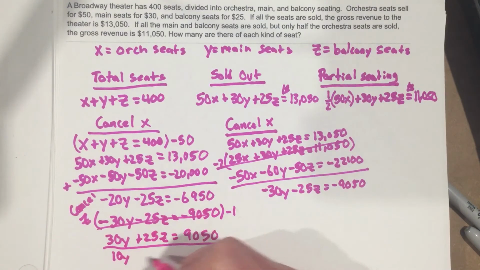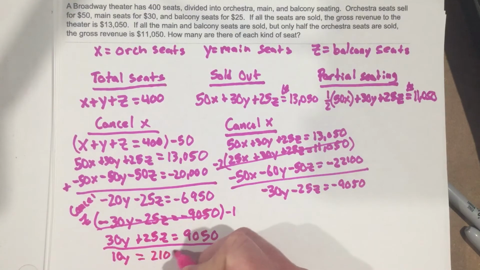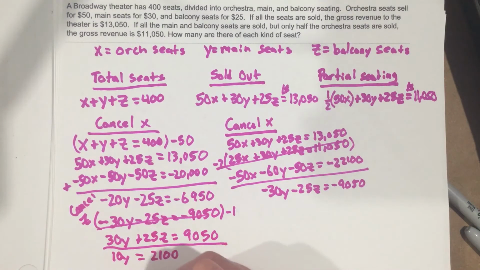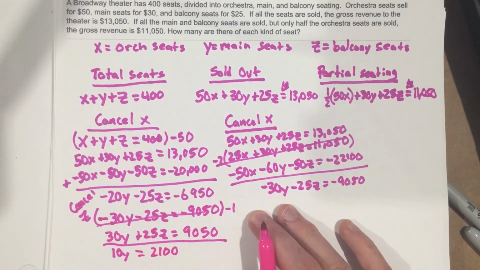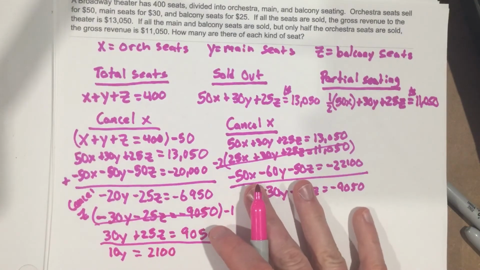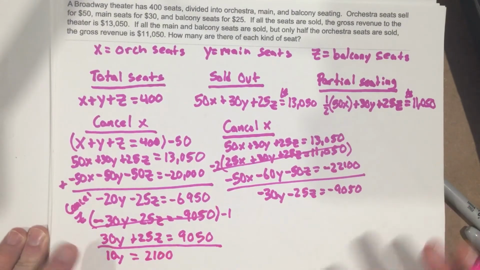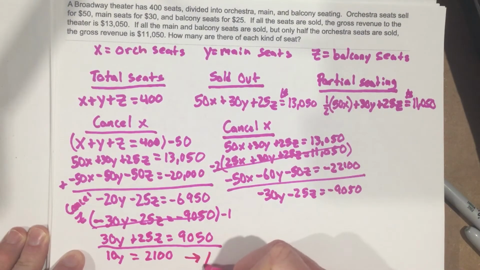That's 2,100. Divided by 10, and you end up with Y equals 210. So let's write that right here. That gives you Y equals 210.